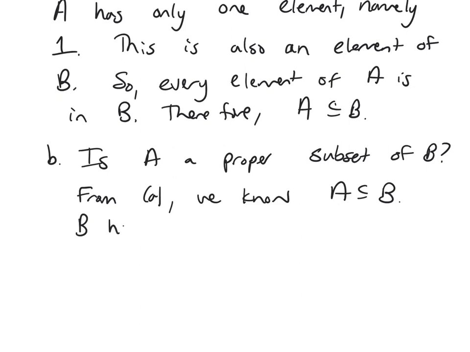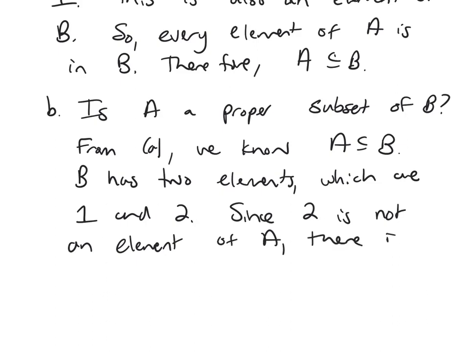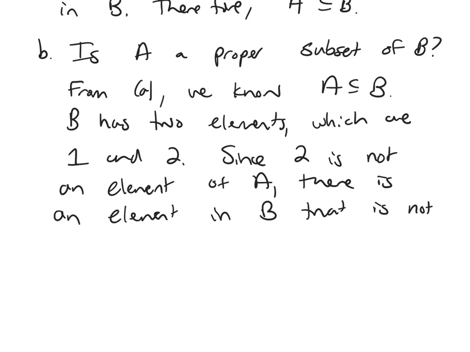So let's look. B has two elements, which are 1 and 2. 2 is not an element of A. There is an element in B that is not in A. So that second condition in the definition of a proper subset is met.